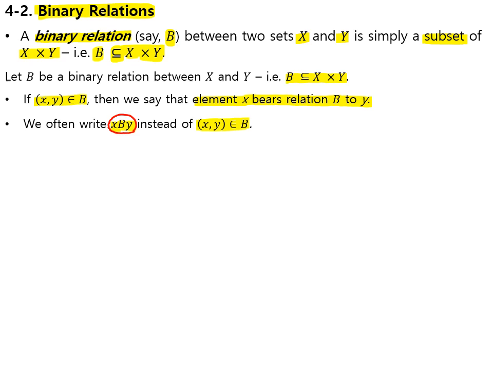So this basically says that x is related to y by relation B. Okay?